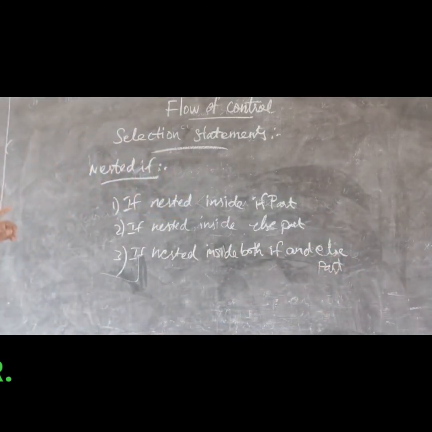So a nested if means an if statement contains another if statement. Here we have three types: if nested inside the if part, if nested inside the else part, and last, if nested inside both the if part and the else part. These are the three types of nested if statement.